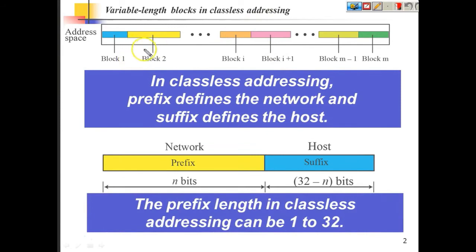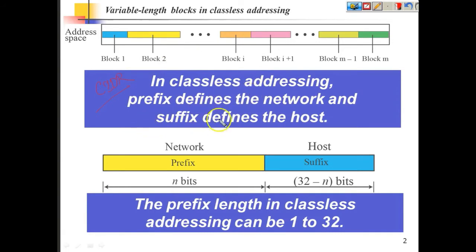This is also called variable length blocking, and we sometimes call it CIDR, that means classless inter-domain routing, and here we are free to make blocks of any size. Unlike classful addressing, where we have classes with network bits of 8 or 16 or 24, meaning we have only some limitations to form our network, now we can make a block of any size based on our requirement.